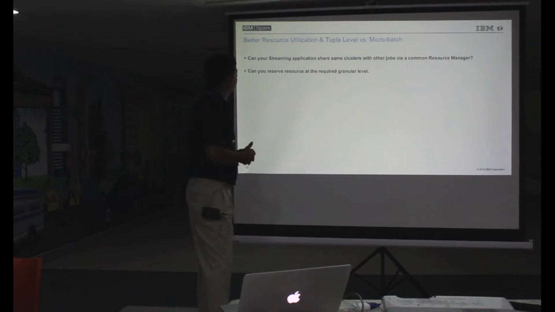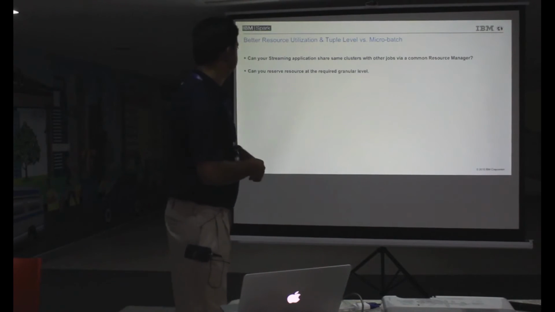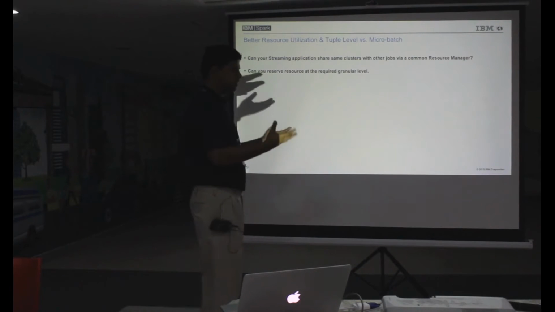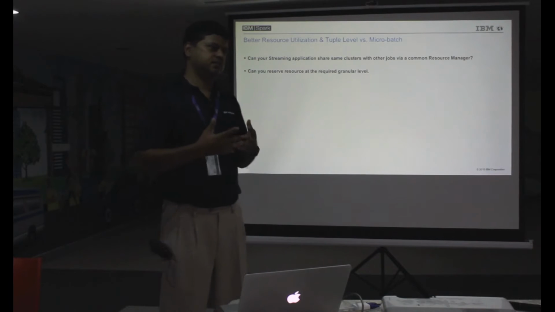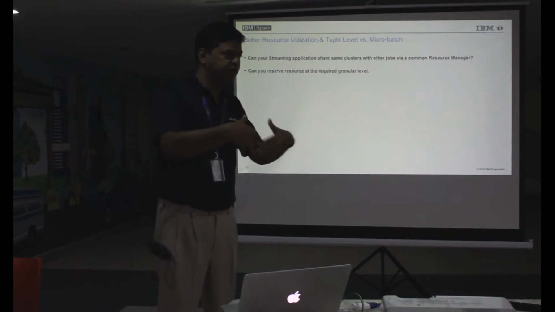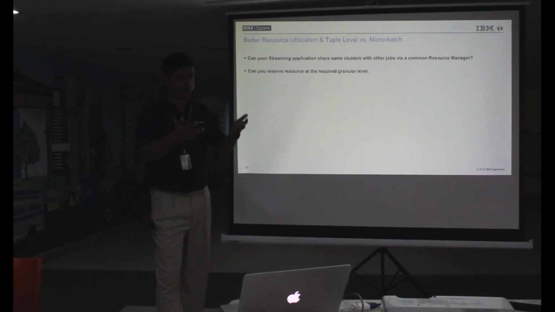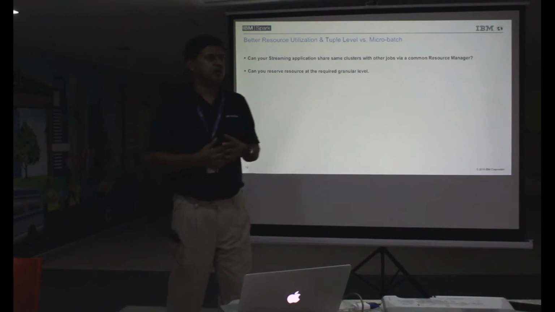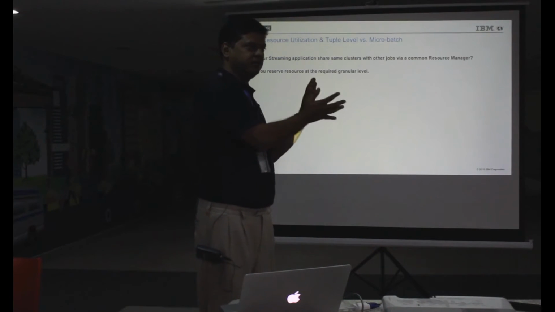There are two things I have in one slide. The question is, when you have these streaming applications, and multiple of them, can you actually share them well over the existing cluster that's also running various other kinds of applications? So the question is basically resource utilization. Everybody wants to ensure that I don't need a dedicated cluster for each job.